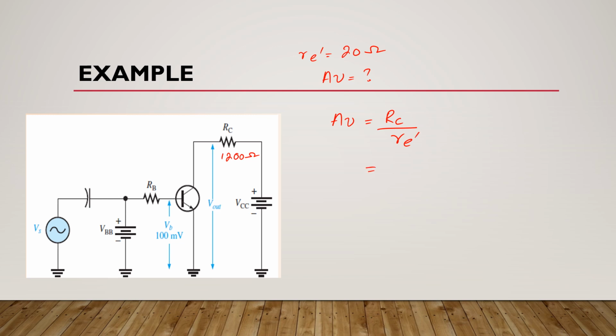Here we know that RC is 1200 ohms and AC emitter resistance is 20 ohms. So after solving this you will get 60. So this is your answer here.